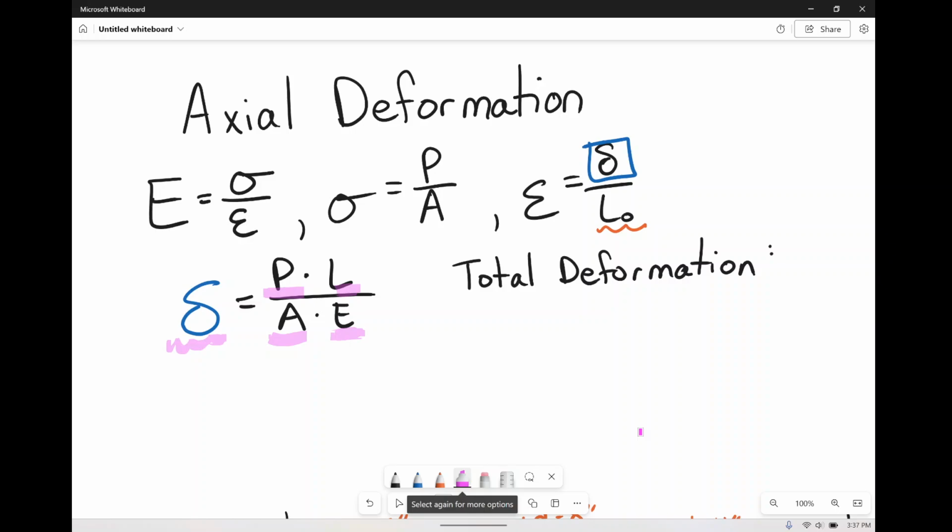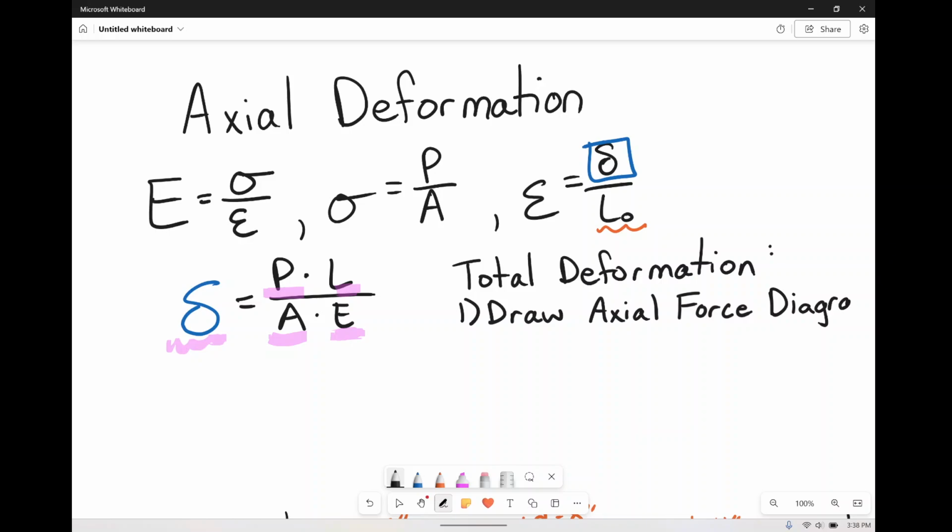And then to get total, if you want to sum it all up together, we need to draw an axial force diagram, because that's really important. If you have changing load, you need to do an axial force diagram. If not, you're going to find the deflection or the deformation for each segment.